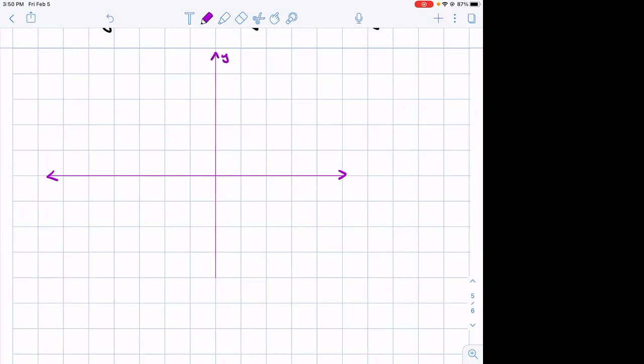So here is the y-axis, here's the x. So this is 1, that's 2, 3, 4, 5, 6, 7. 1, 2, 3, 4, 5, 6, 7. So -1, -2, -3, -4, -5, -6, -7.